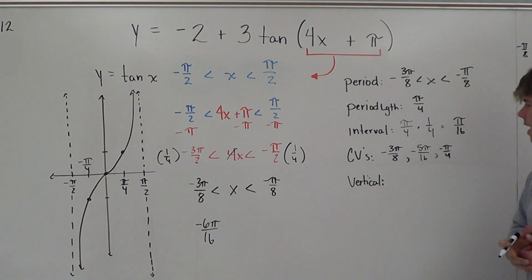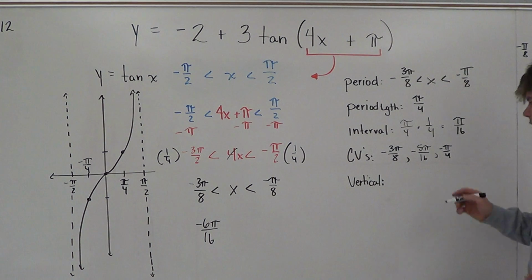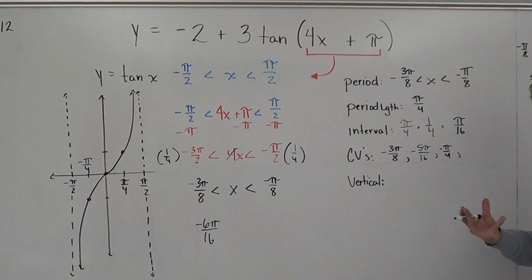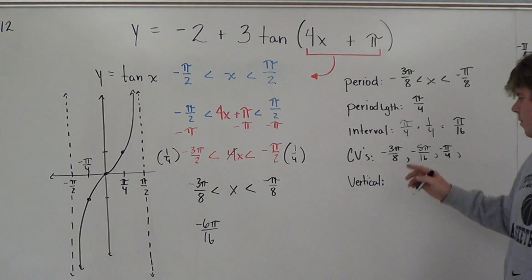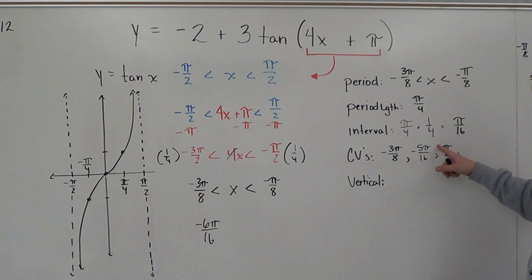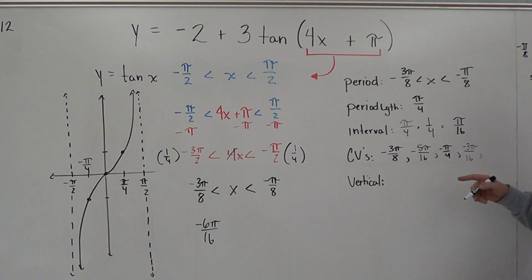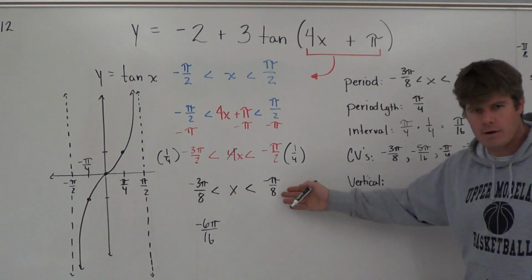Add another pi over 16, and what I hope you start to note here is that I'm going 8, 16, 4, but that's because I'm changing them. But this went 6, 5, 4. Guess what the next one's going to be? You got it, negative 3 pi over 16. And then the last one I have is negative 2 pi over 16, which is negative pi over 8.